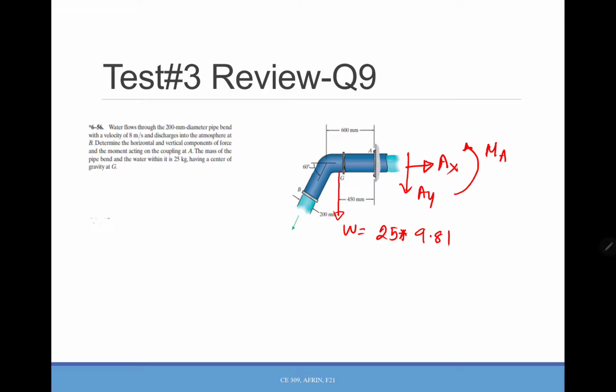For calculation of moment, if you consider clockwise or anti-clockwise as positive, this AY is not giving any moment around A, so AY multiplied with 0.